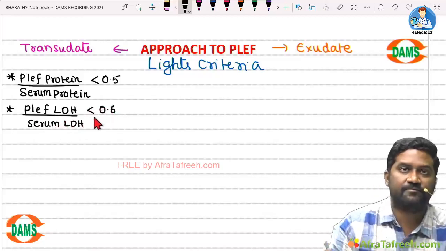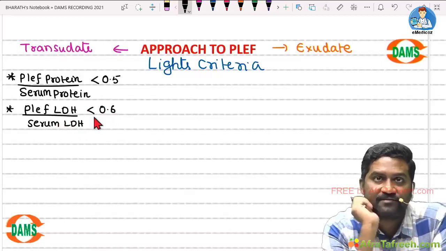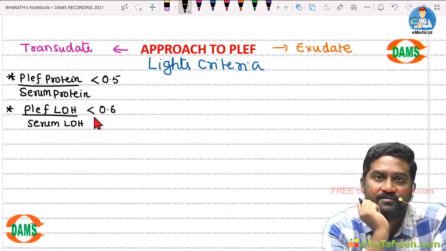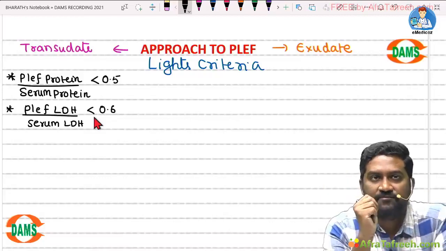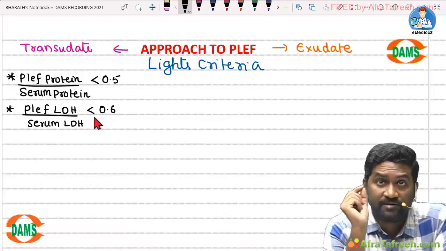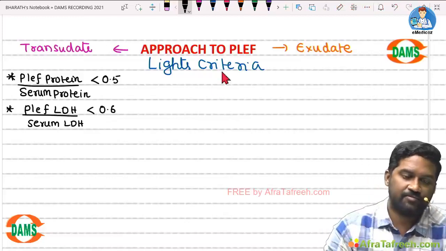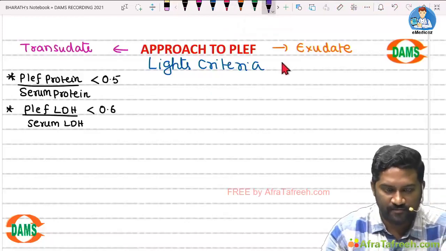In terms of decimals it is 0.6, in terms of fraction 2/3. Pleural LDH is less than 2/3 of serum LDH. So whenever the protein ratio is less in the fluid and the LDH ratio is less, it is considered a transudative pleural effusion.